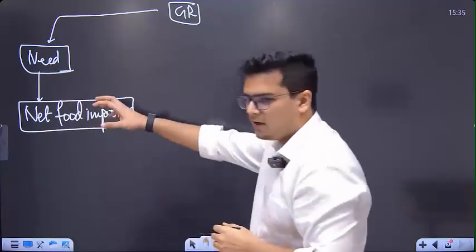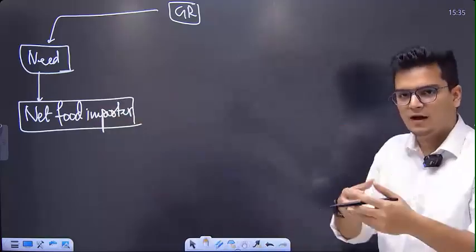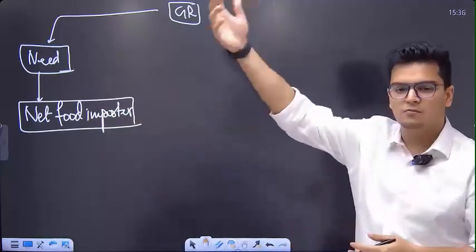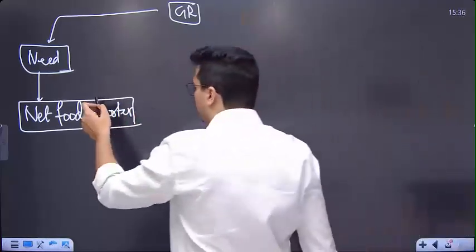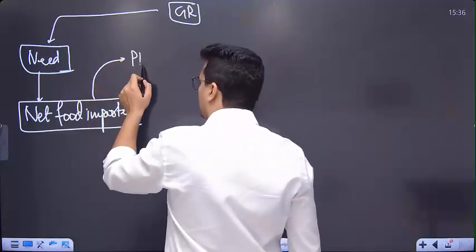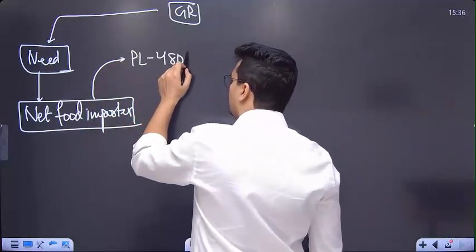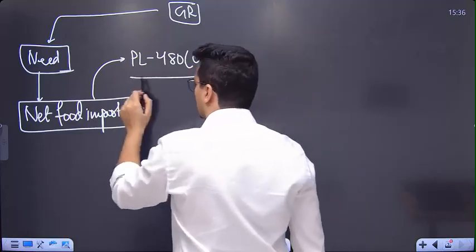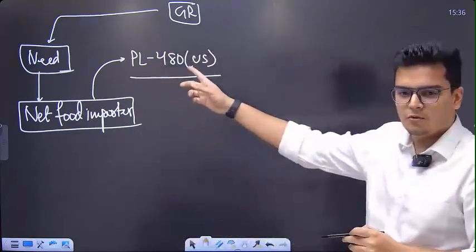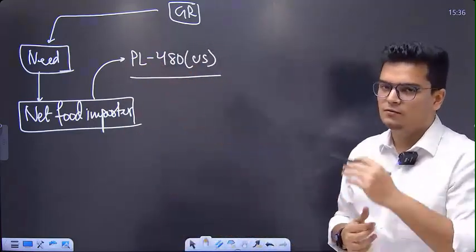We did not have enough food to feed our population. We used to import food from abroad. One of the most popular programs we used to import from was the PL 480 program of the United States. In this PL 480 program, the US used to give us food grains.